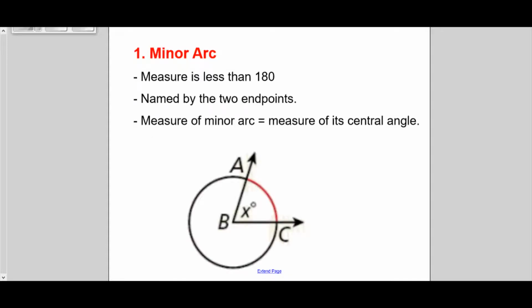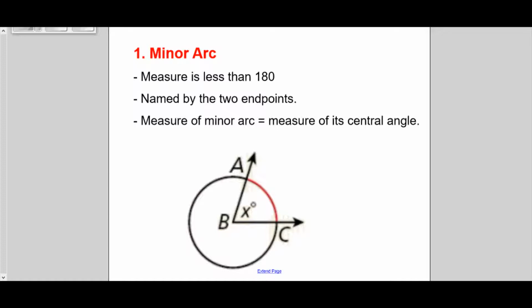So let's first look at a minor arc. A minor arc is going to have a measure that is less than 180 degrees. We name it by using the two endpoints, and the measure of a minor arc is the measure of its central angle.